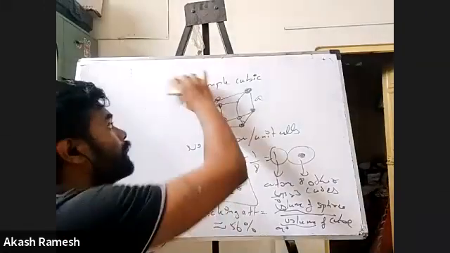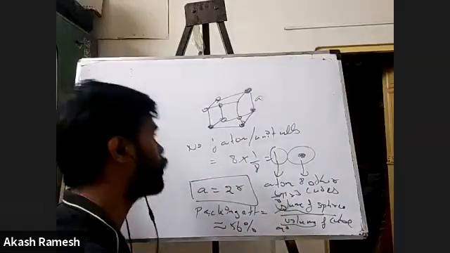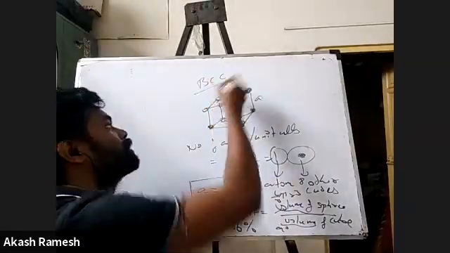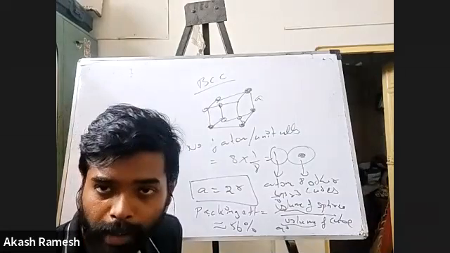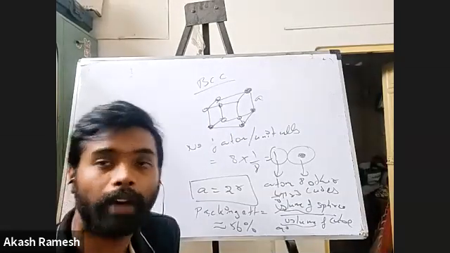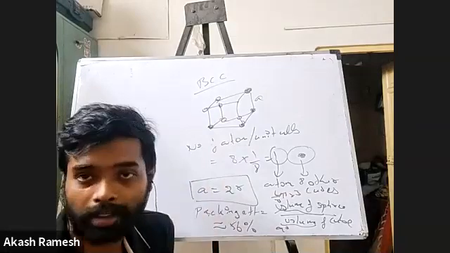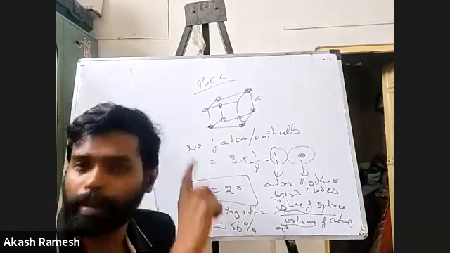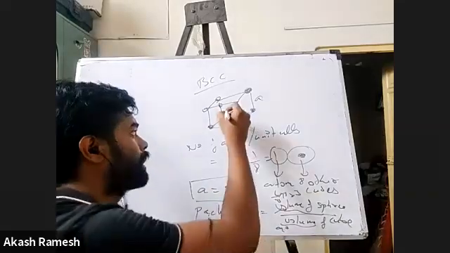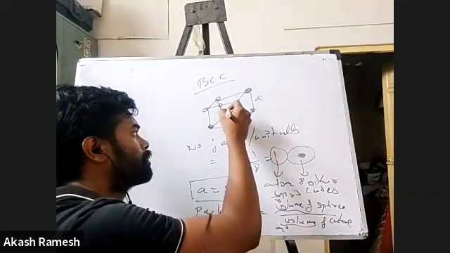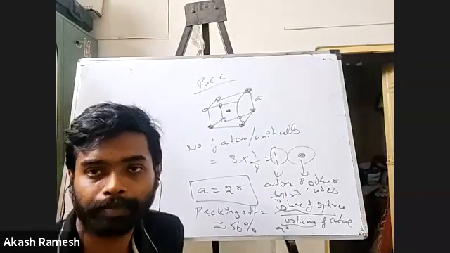Next, we understand the body-centered cubic, BCC. In body-centered cubic, again you have to understand where the lattice points are. I know that all 8 corners are there. Now, from the name itself, you can understand that at the center of the unit cell, I am going to have a lattice point.